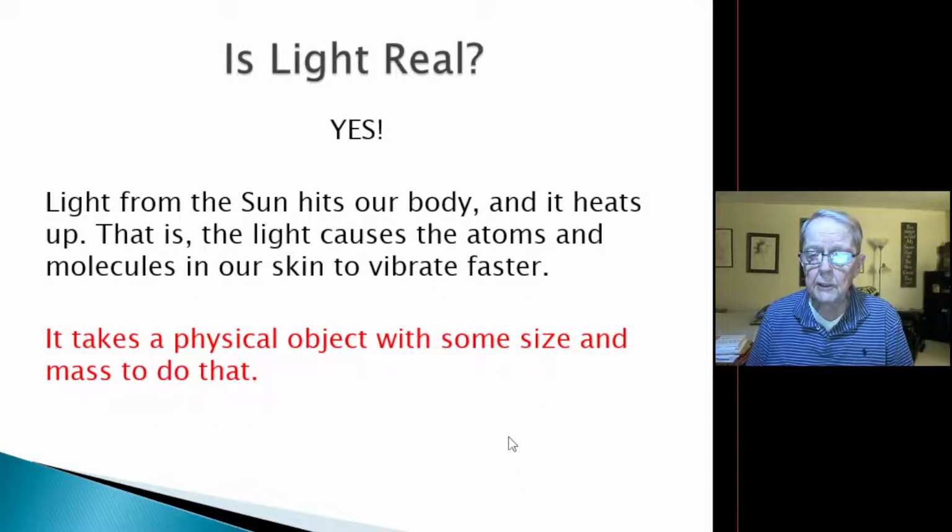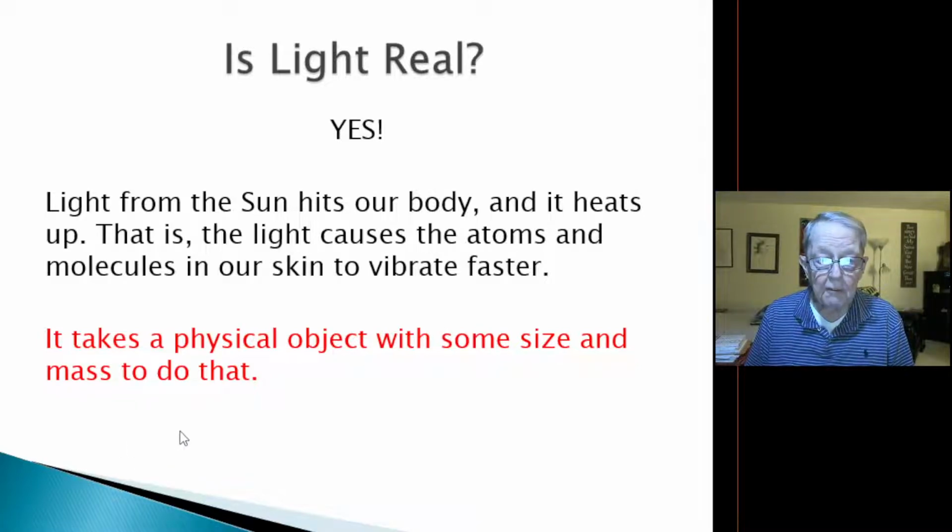So let me change the subject a little bit. Is light real? I just talked about energy. Is energy real? And my answer to that is yes. Light is real. Light from the sun hits our body, heats up our skin. That is, the light causes the atoms in the molecules of our skin to vibrate faster, and our body senses that vibration, sends a signal, and we feel the heat.